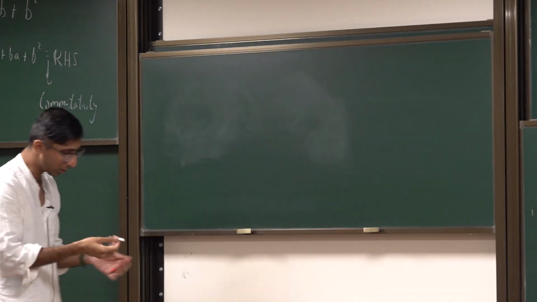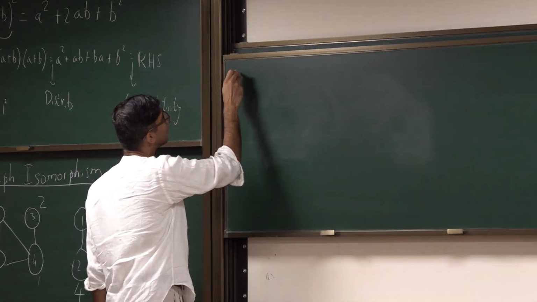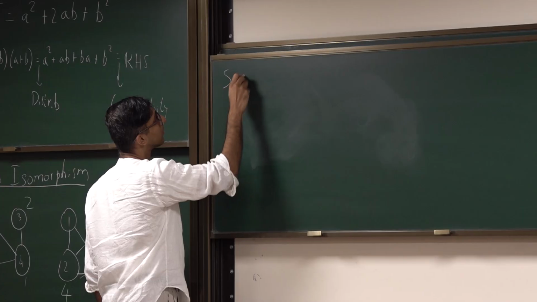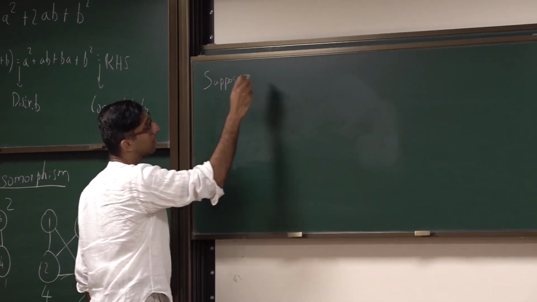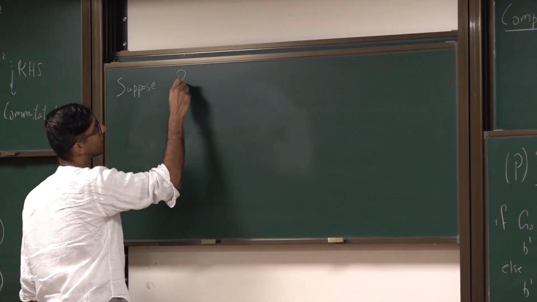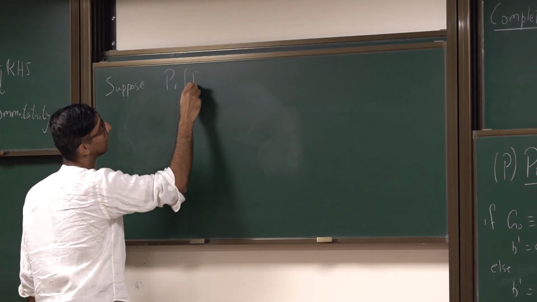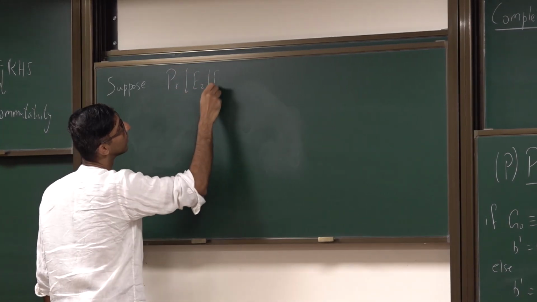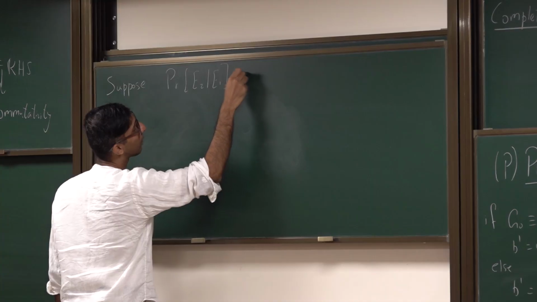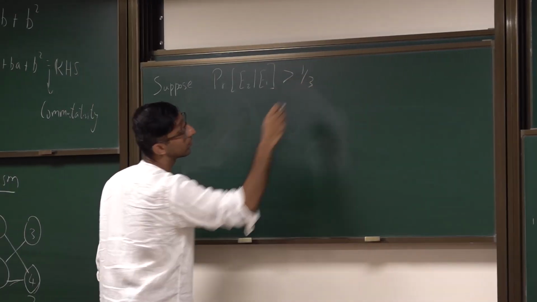So what I'm going to do is prove this one statement, but it's more general. You can extend this to other i's as well. Suppose this probability is greater than 1/3.